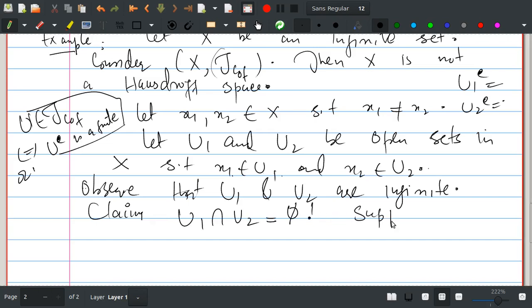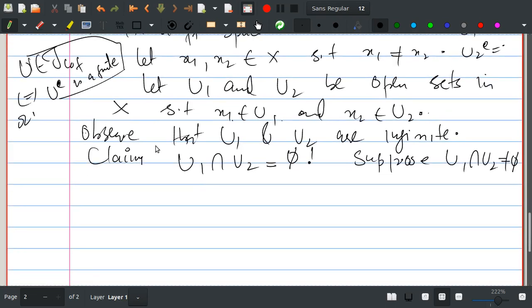Suppose not. Suppose U1 intersection U2 is non-empty.